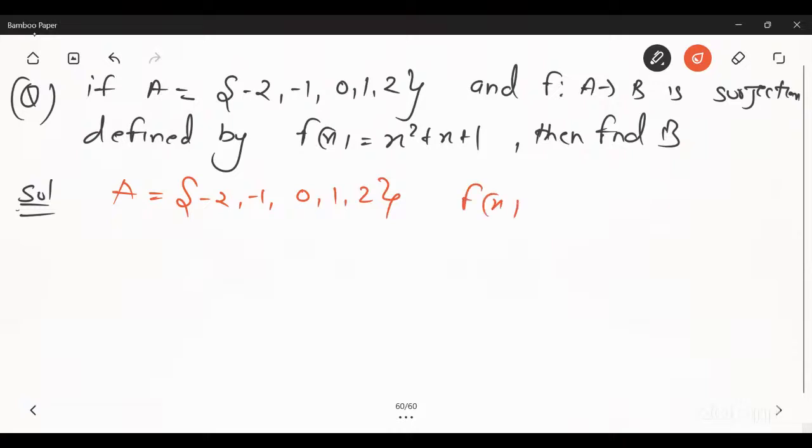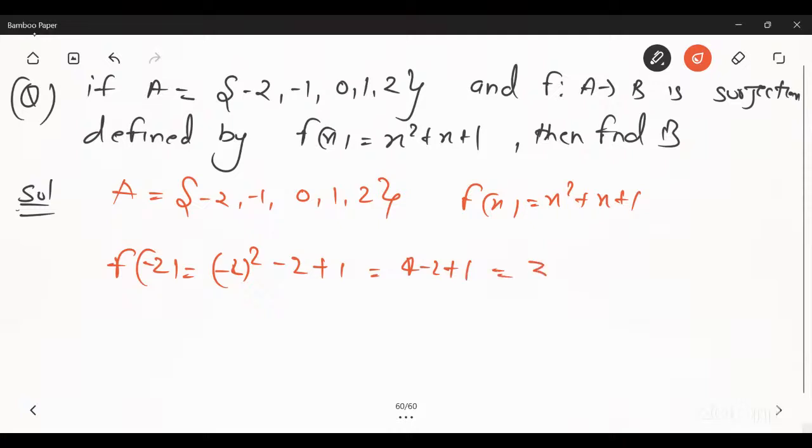If you take minus 2, you will get (minus 2) whole square minus 2 plus 1. It means 4 minus 2 plus 1, which is equal to 3.